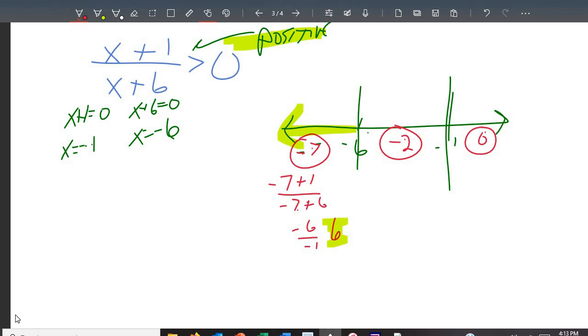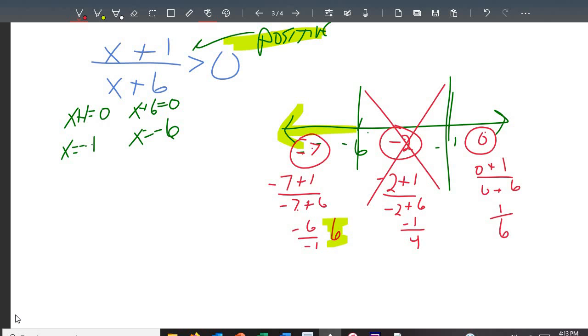Let's take the negative 2 and put it in for x. So we'll get negative 1 over positive 4, which is not positive, so we're going to cross that out. We're going to put the 0 in, going to get 1 over 6, which is positive.